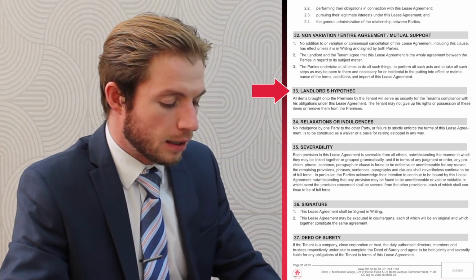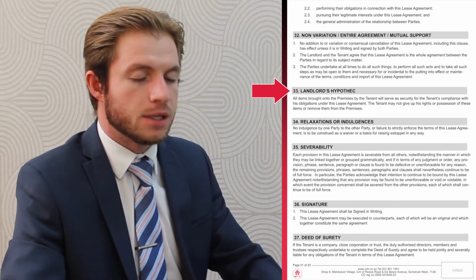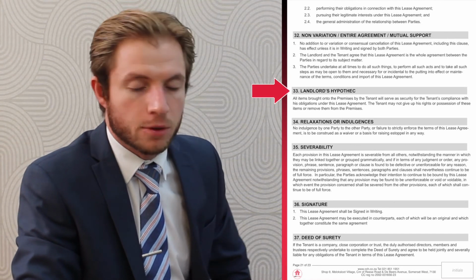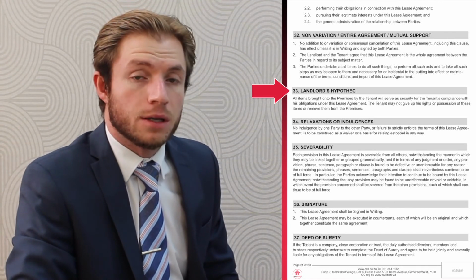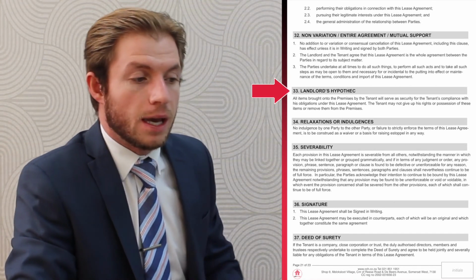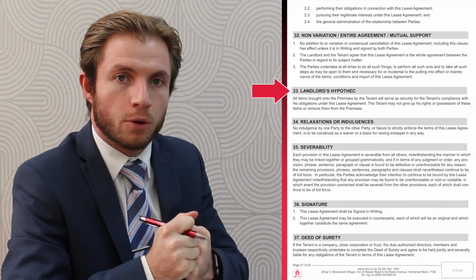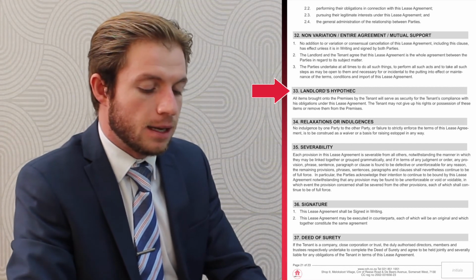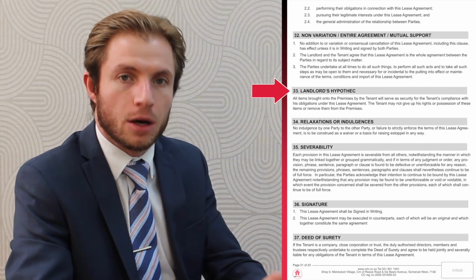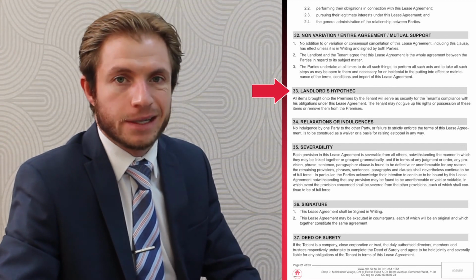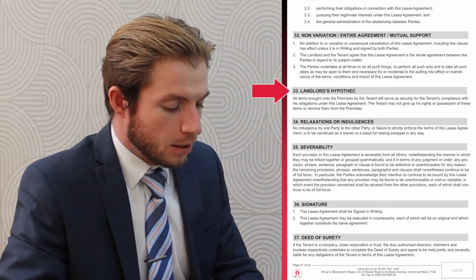Clause 33, landlord's hypothec. This just means that should you as the tenant be in breach of your payment obligation, the landlord can issue a summons against you and he can instruct the sheriff to write up your movable property. That is the landlord's hypothec. He is allowed to attach your property and use it as security for the debt owed to him.